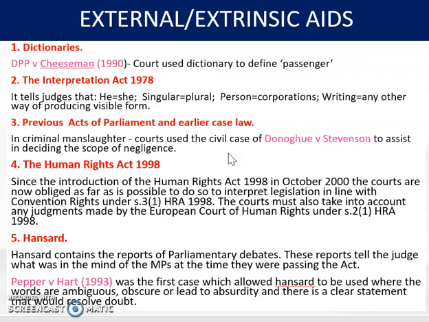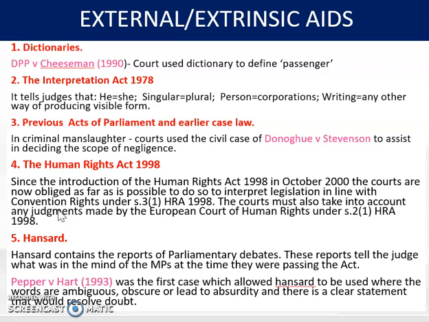And if they believe that our statutes or our Acts of Parliament are in conflict with that convention, they can make a declaration of incompatibility. So this Act is telling judges to interpret legislation in line with the convention rights, and as I've said, to make a declaration if it's incompatible.